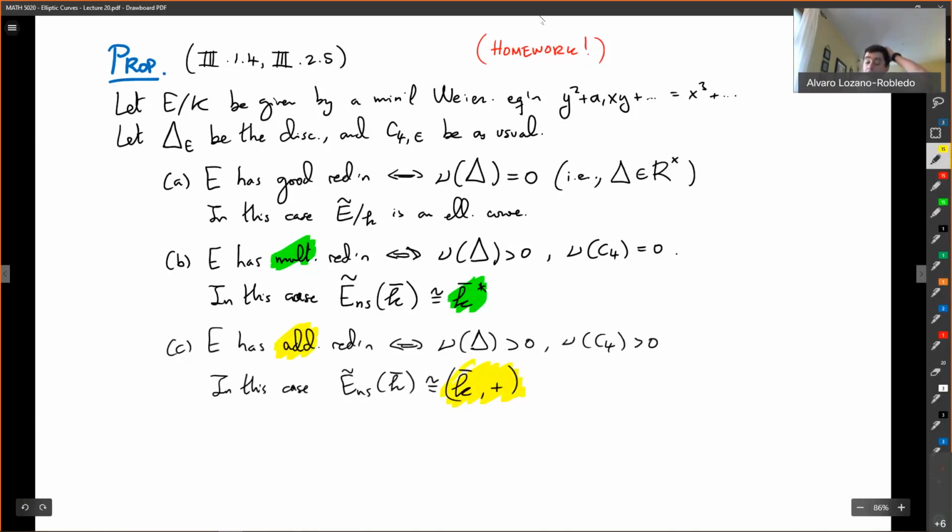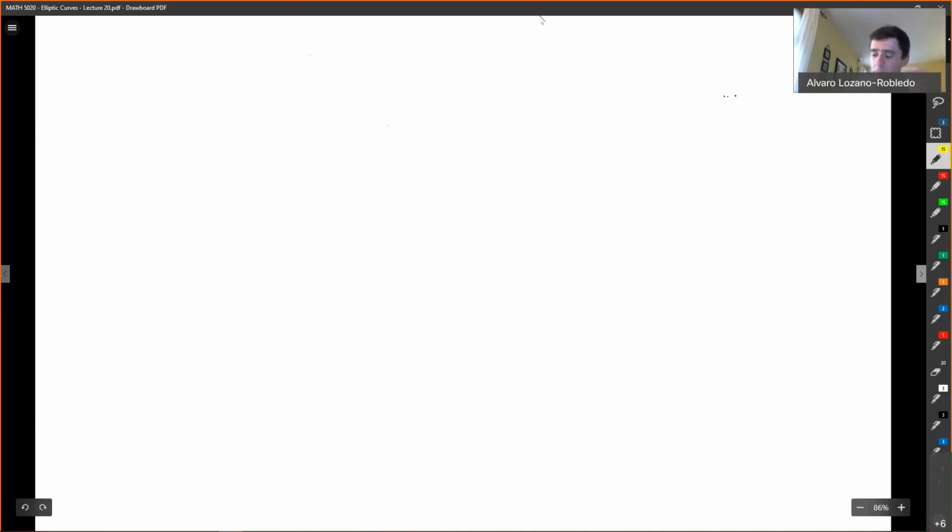We will explain in a moment the other terminology that I used, that good is stable, multiplicative is semi-stable, and additive is unstable reduction. But let me first give you some examples of reduction of elliptic curves.